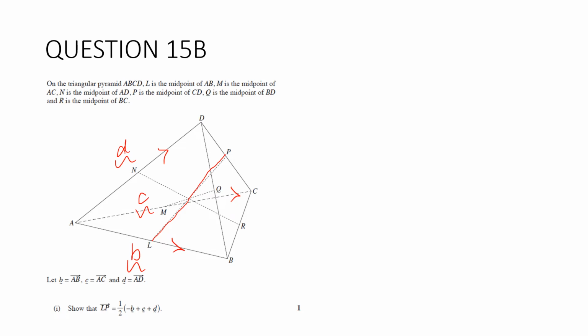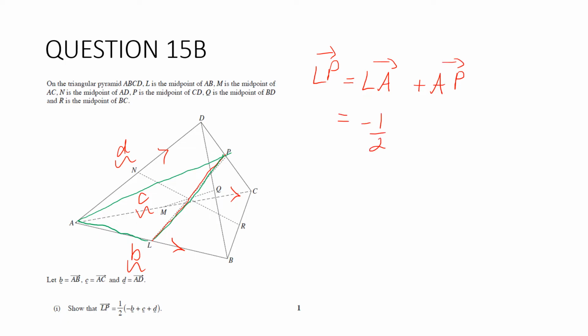Okay, so if we want LP, then what we can do is go here and then from A through to P. In other words, LP is equal to LA plus AP. And we know that LA is equal to negative a half lots of B. And AP is here.